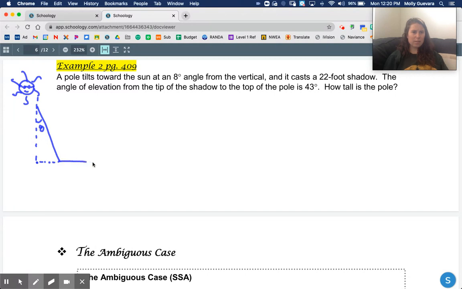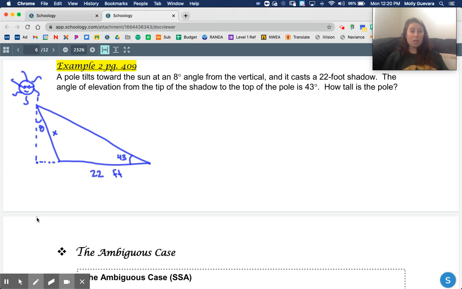And then the pole casts a 22-foot long shadow. So here's the shadow. And then from the tip of the shadow, from the ground up, the angle of elevation is 43 degrees. So this is 43. And I want to know how tall is the pole.